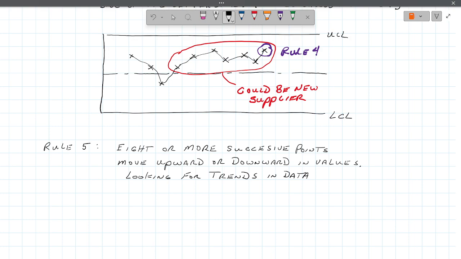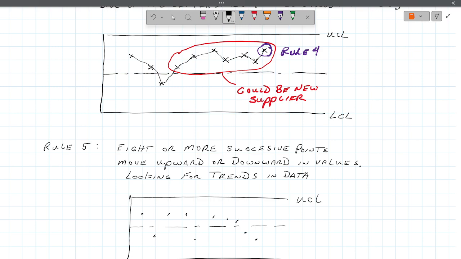So this is really looking for trends in the data. So we got one here, one there, one up there, one down here, and so on. 1, 2, 3, 4, 5, 6, 7, and 8.